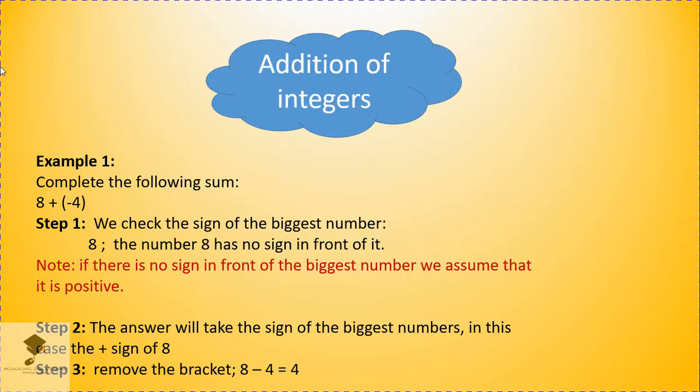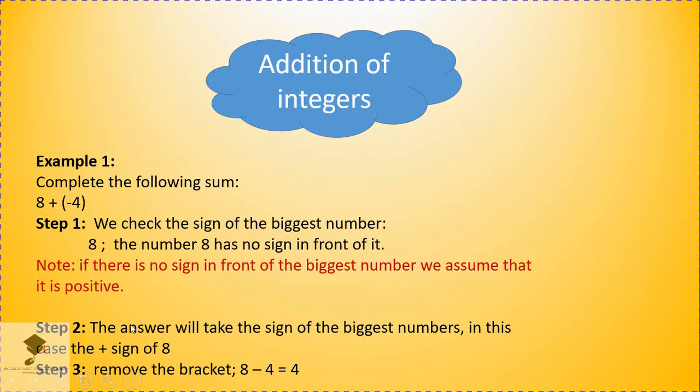Please note that if there is no sign in front of the biggest number, we assume that the number is positive. And then step 2, the answer will take the sign of the biggest number. In this case, the sign in front of the number 8 is positive, which means our answer is going to take the positive sign.